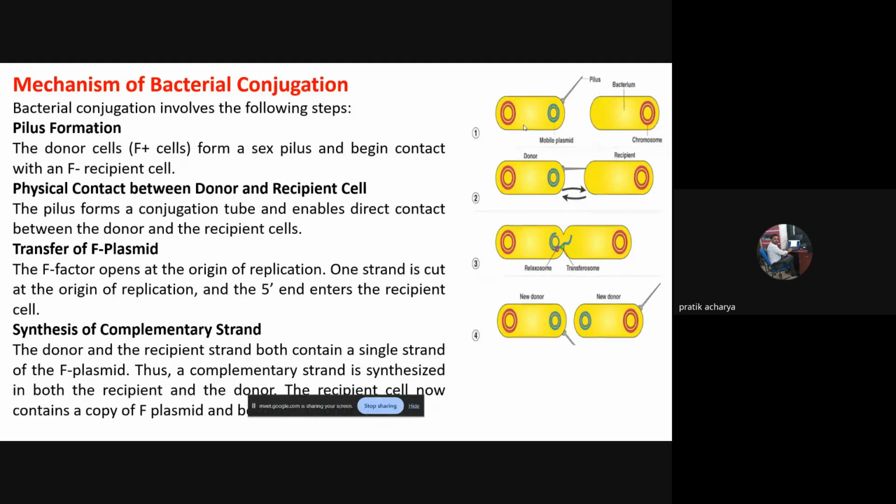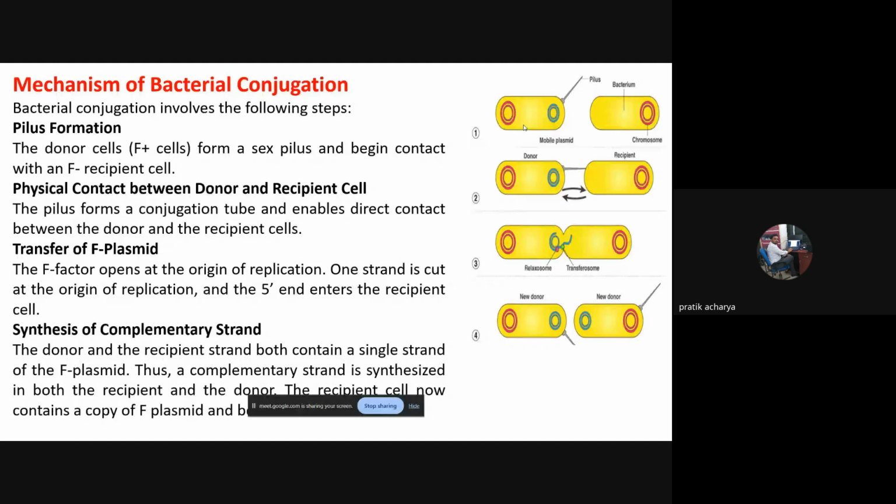So what does bacterial conjugation explain? Bacterial conjugation explains the direct transfer of DNA from one bacterium, the donor, to another bacterium. This is the concept. The donor cell has special DNA, generally called F plasmid.